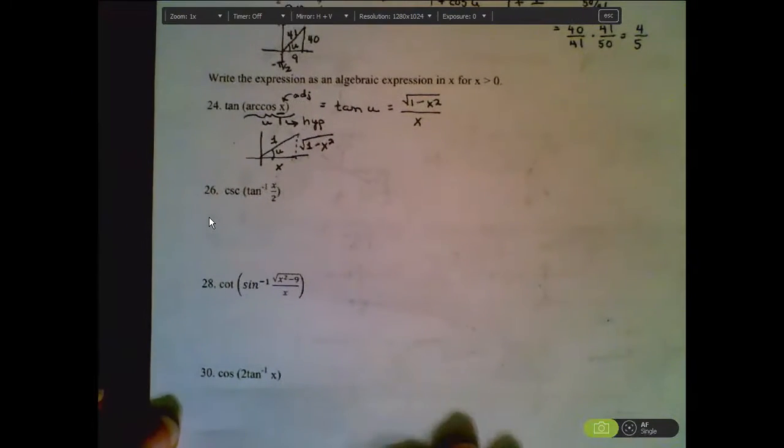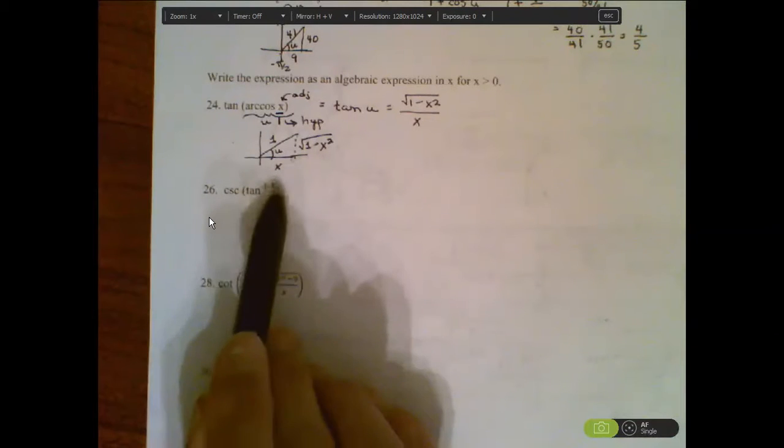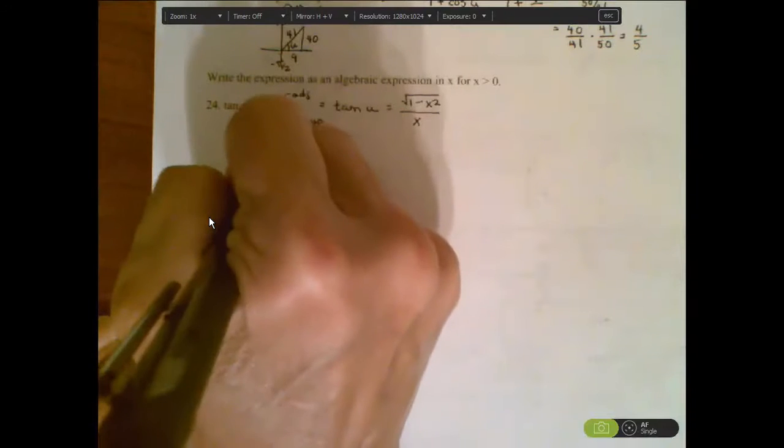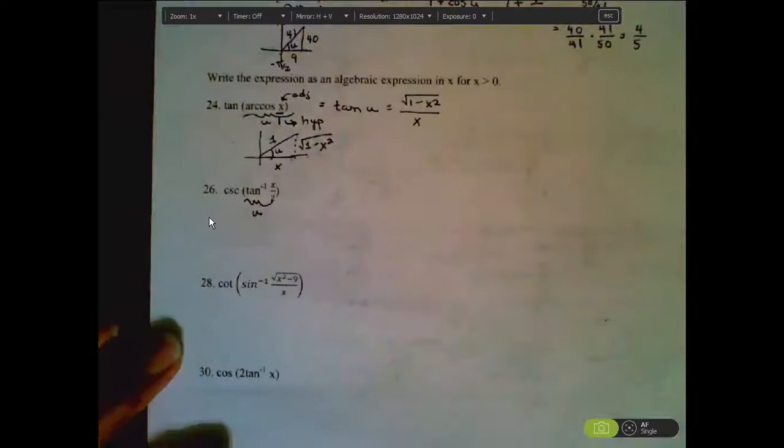Number 26. I don't know the angle whose tangent is x over 2, but I can call it some angle u, and then I can draw a picture of an angle whose tangent is x over 2. If x is positive, that would be a first quadrant angle again.